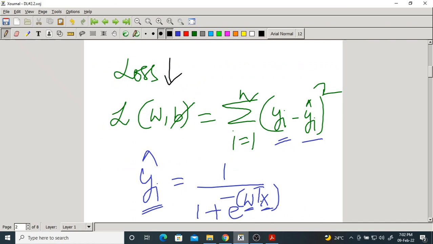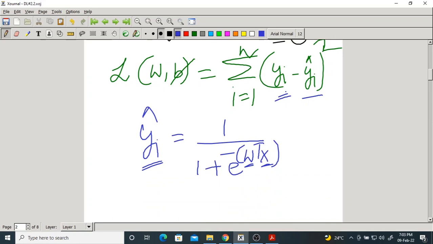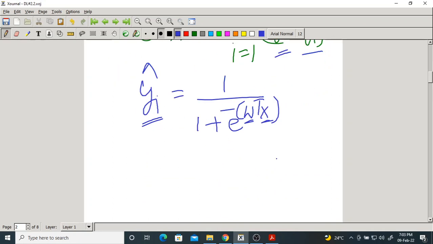So why are we taking the square of the errors? Because as I told you just now, error can be sometimes 0.5, sometimes minus 0.5. So if you add without squaring them, obviously the result is 0. It gives a false impression that there are no errors, but actually there are two errors of equal magnitude but different sign. Okay. So to avoid such confusions, we take the square of the errors, the sum of squares of the errors. Okay. Next.